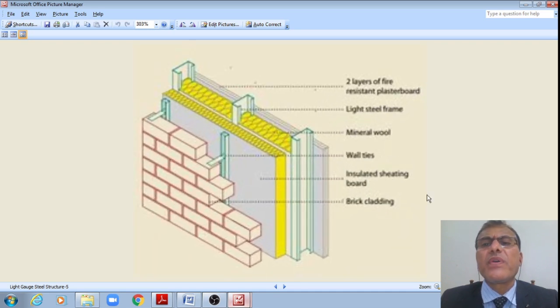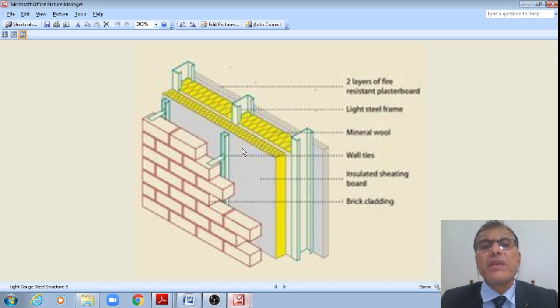Right, we do have two layers of fire resistant plasterboards, like this, two layers of the fire resistant plasterboard, which is attached to the light gauge steel frame, right? And in between these we have this yellow part, what is called mineral wool, right?